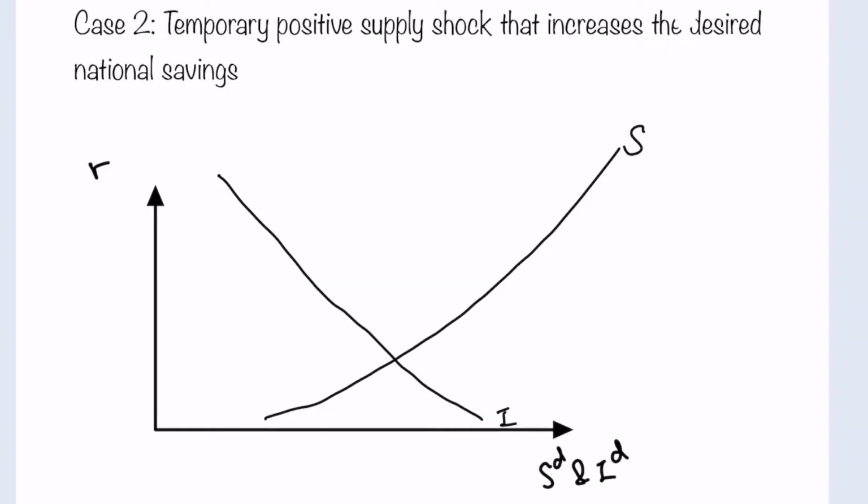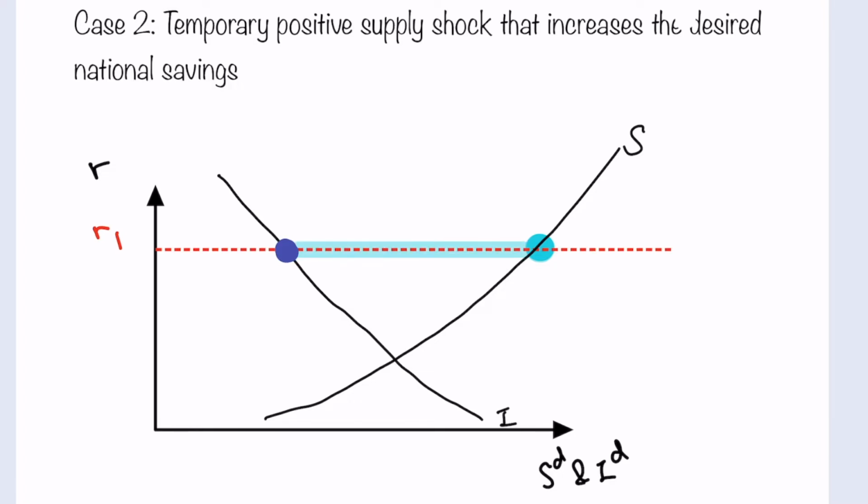Now let's take a look at the second case, which is for an economy that faces a temporary positive supply shock that increases the desired national savings. In that case, for an economy that faces the world real interest rate that is at R1, it means that before the shock, the economy has investment that is less than its domestic savings.